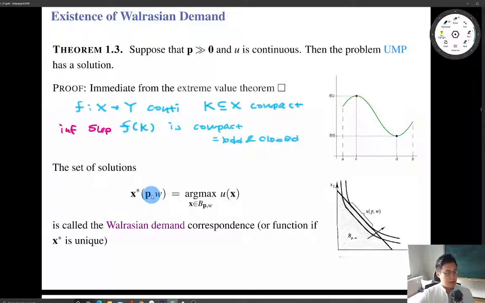All right, one more thing you have to notice is that this Walrasian demand is not necessarily single valued. Think about this example, where we have an indifference curve and a budget line. If you took undergraduate microeconomics, you may have learned that at the optimal bundle we have a tangent condition: the budget line is tangent to the indifference curve.